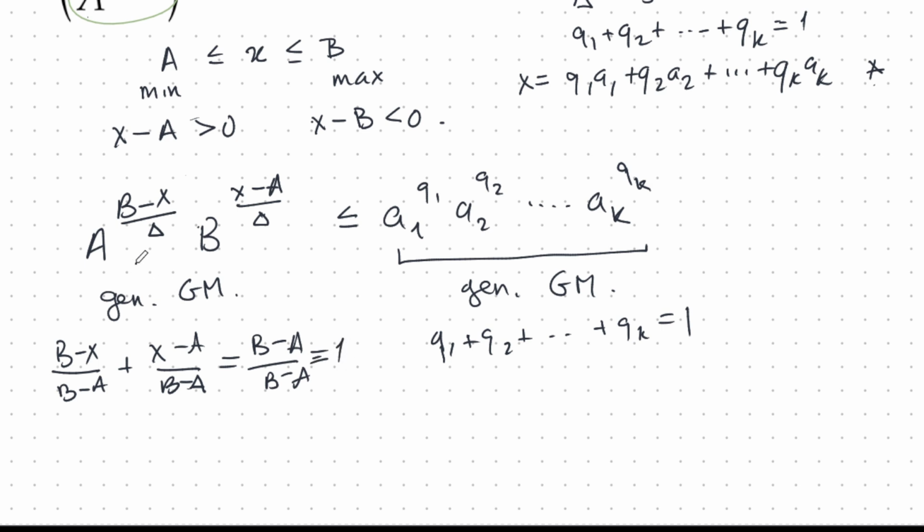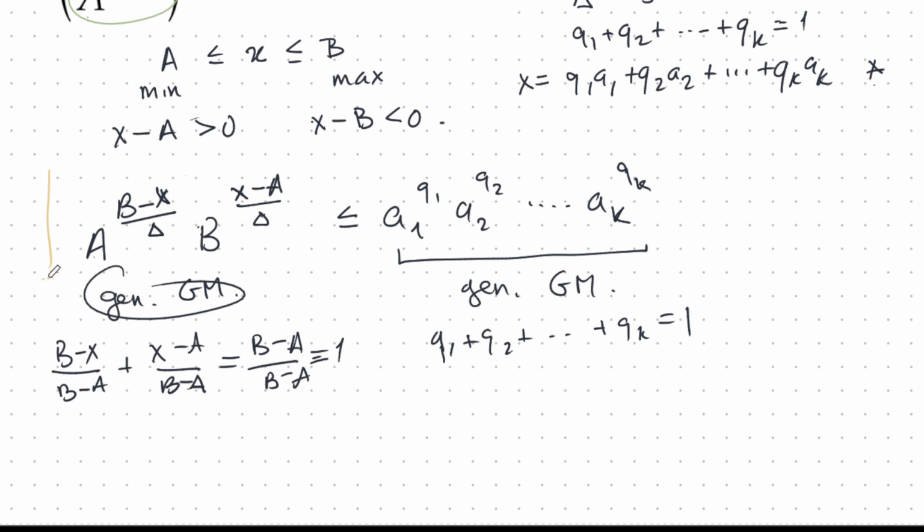So this here on the left-hand side is a generalized geometric mean. So the geometric mean of the minimum and the max is less than the generalized geometric mean of any combination, if we use these powers.